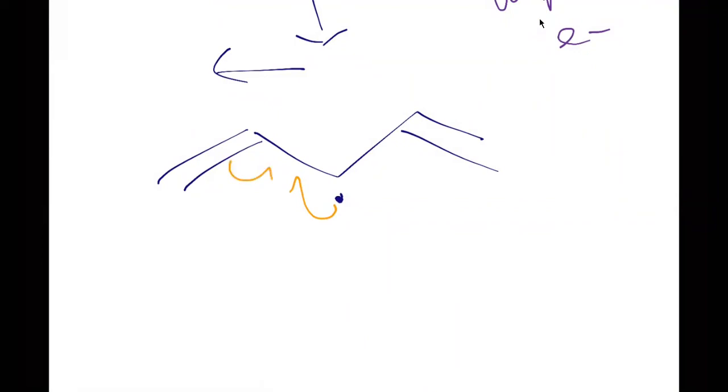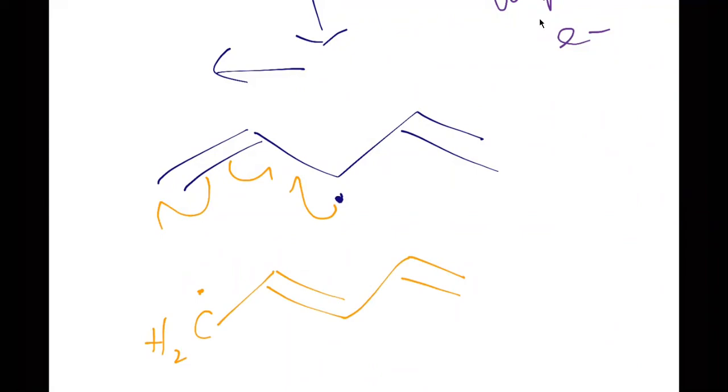Yeah, and then the other half to the one on the left. Like that? Yeah. Good. So then this is a CH2 with 1 electron on it.